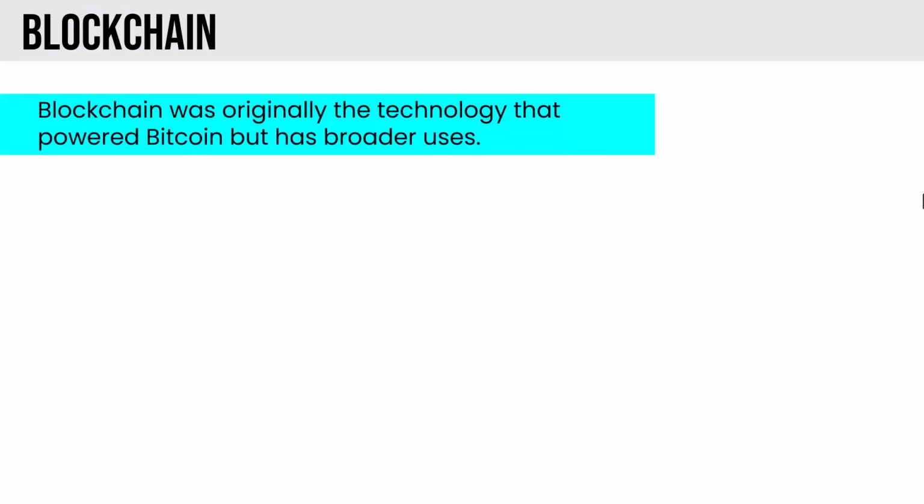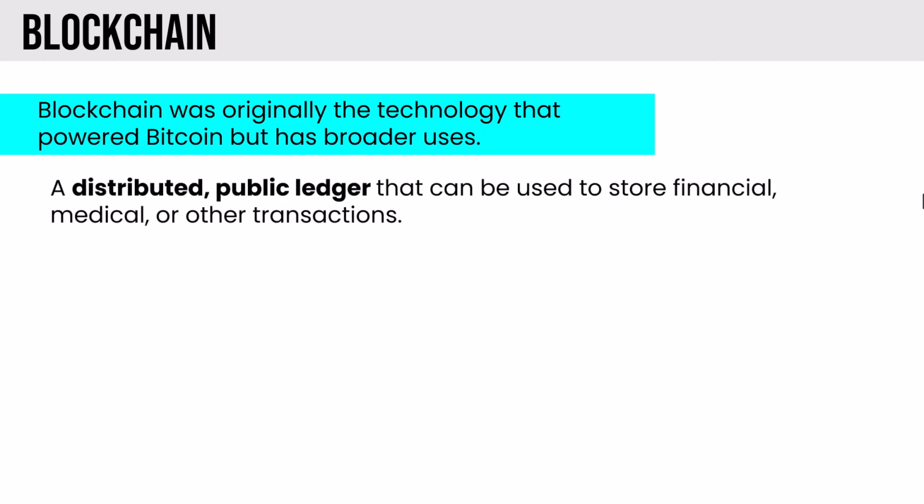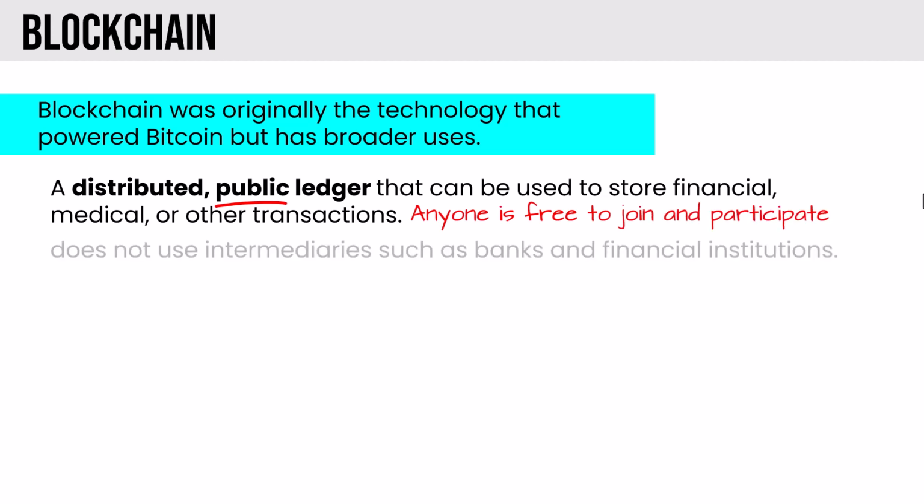Next, we have blockchain, which was originally the technology that powered Bitcoin, but it has broader uses today. So it's a distributed public ledger that can be used to store financial, medical, or other transactions. Anyone is free to join and participate. It does not use intermediaries such as banks and financial institutions.